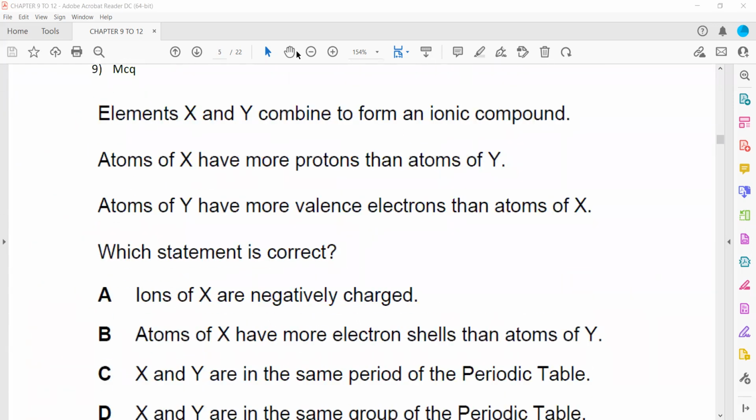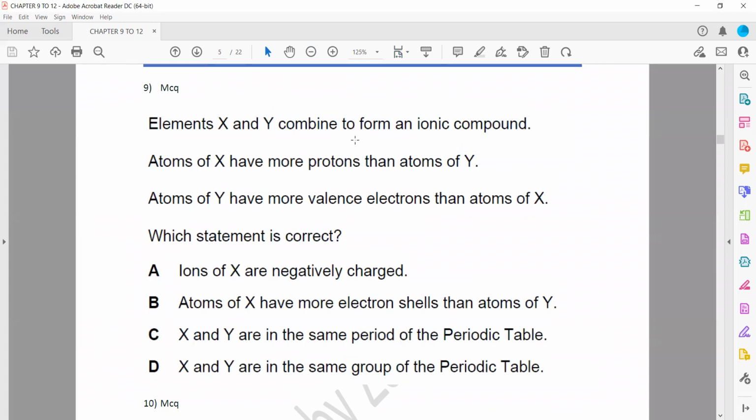In question 9, elements X and Y combine to form an ionic compound. If they are forming an ionic compound, it means one should be a metal and the other a non-metal. Atoms of X have more protons than atoms of Y, but this does not give an indication of whether an element is a metal or a non-metal.